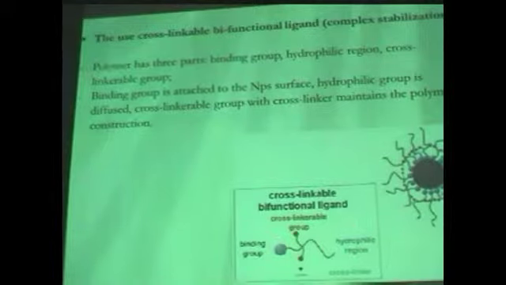The binding group will be attached on the surface of the nanoparticles, the hydrophilic region will diffuse, and the cross-linkable region together with the cross-linker will provide an additional stabilization of this device and will maintain the polymer construction in the best way.